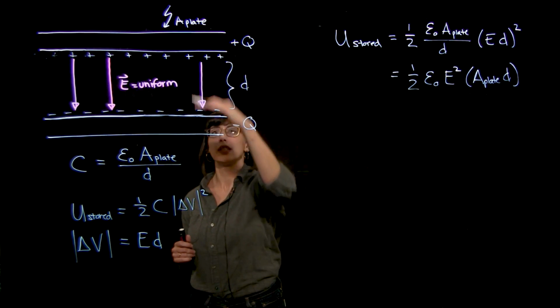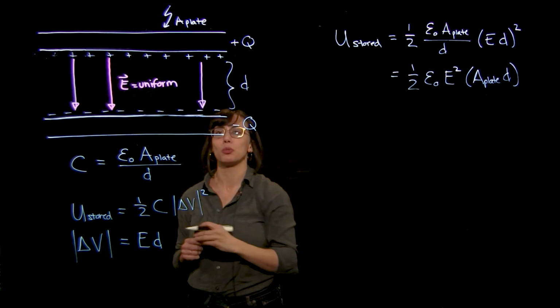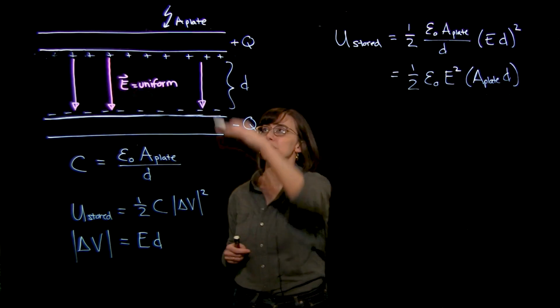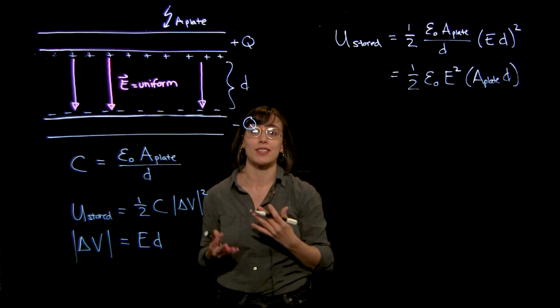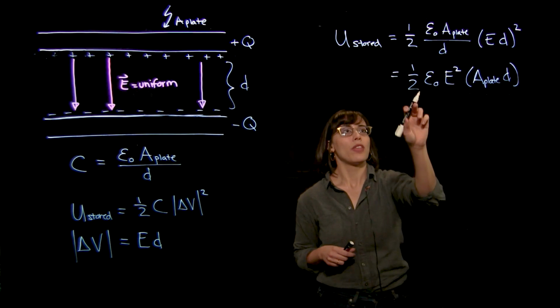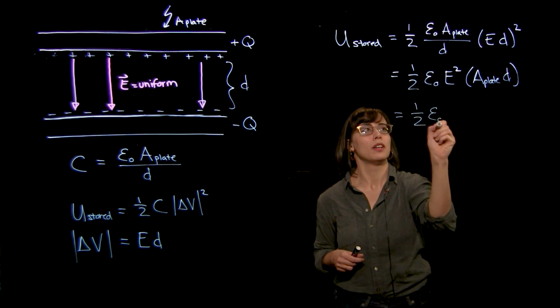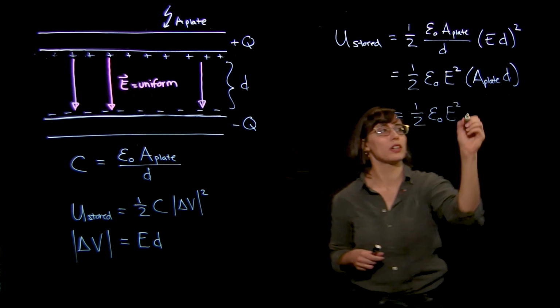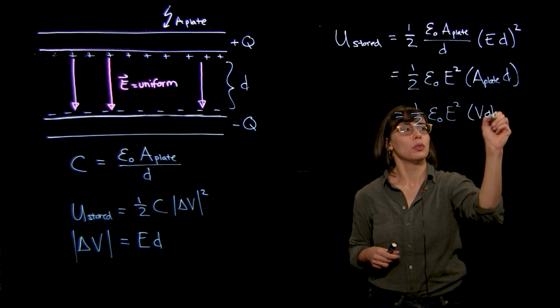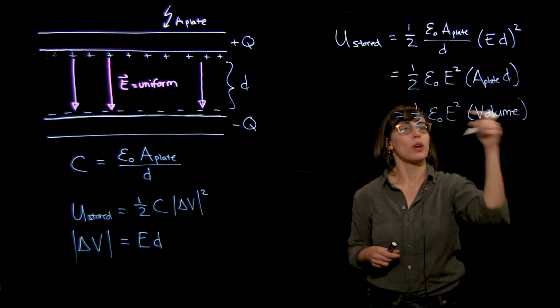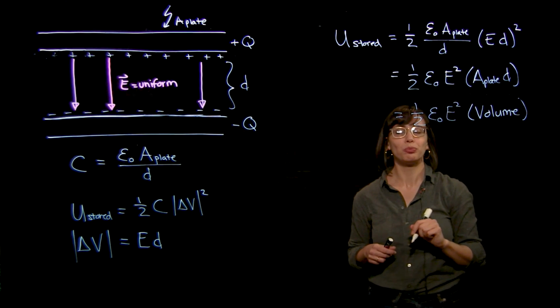It's the area times the distance, that's the volume between the two plates. Or in this example, it's the volume where the electric field is non-zero. That allows us to rewrite this as 1/2 epsilon 0 E squared times the volume where the electric field is non-zero.